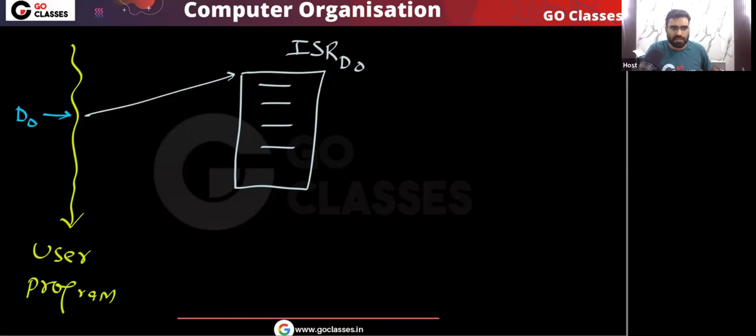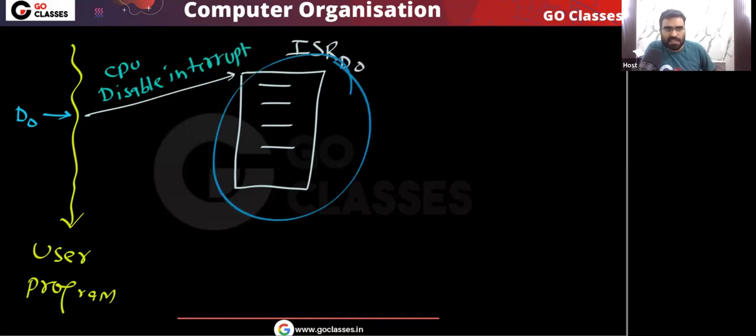You can see the CPU jumping to this ISR, but remember, before jumping to the ISR, the CPU will disable the interrupt. Now when this ISR is running, it is possible some interrupt can come.